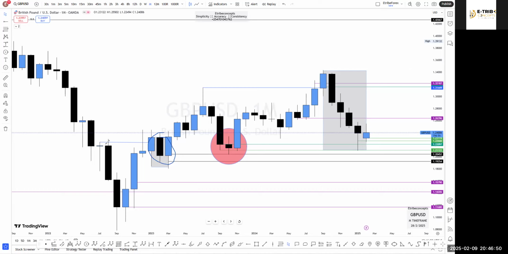It's a formation on the zone where price is doing a shift, or rather people call it change of character on the monthly time frame. For me, I will call it a shift. After that, this is the liquidity that was left. So price bought, came back to this zone and took out liquidity, and then from there, buyers came in again, went all the way up, and have taken this particular zone.